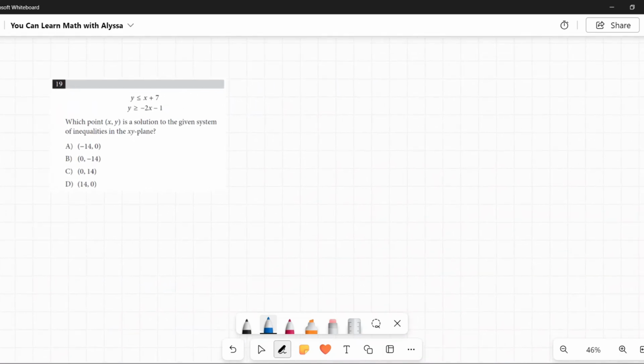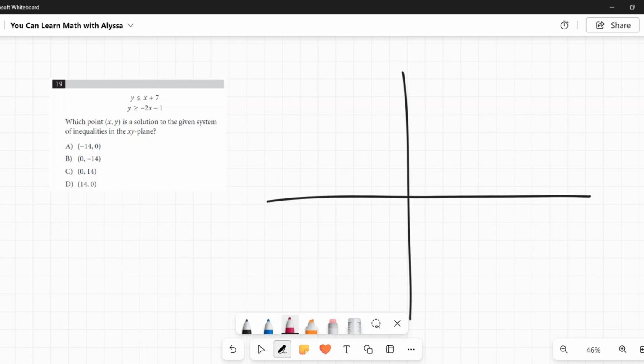Number 19. y is less than or equal to x plus 7, and y is greater than or equal to negative 2x minus 1. Which point x, y is a solution to the given system of inequalities in the xy-plane? Whenever you have a system of inequalities, you're going to end up with something that could be a straight line, it also could be a dotted line. The difference is right here in the symbol.